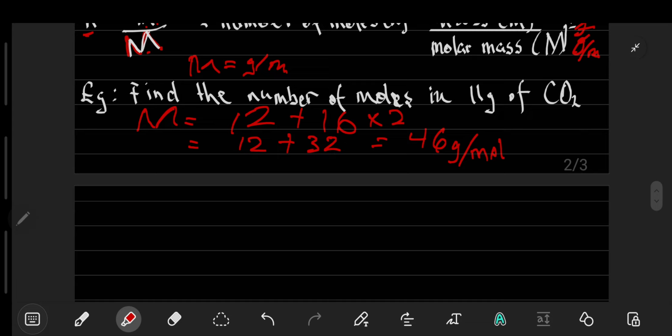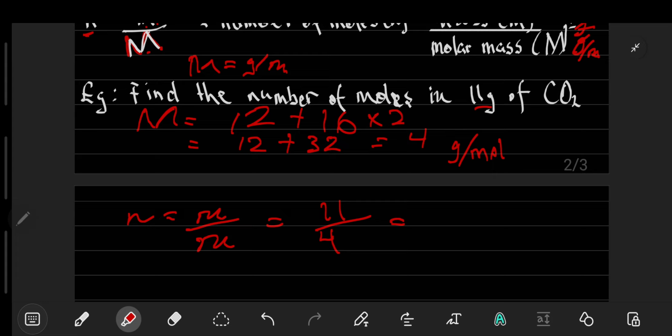Okay, so now the number of moles is equal to the mass over the molar mass. The mass we have here, we were given 11 grams, all over 46, and that is going to give us, oh, I keep making mistakes.